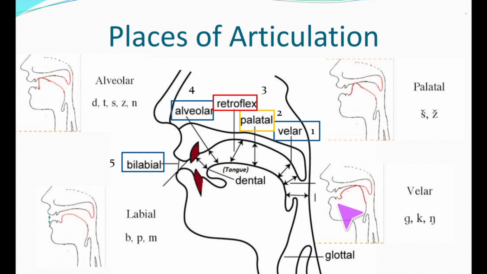Starting from group 1, the glottal group, all the way at the back of our throat that we use in producing ko, kho, ng. And moving up to the palate is what we engage in producing cha, ja. And moving forward to group 3, the retroflex, da, ta, tha.